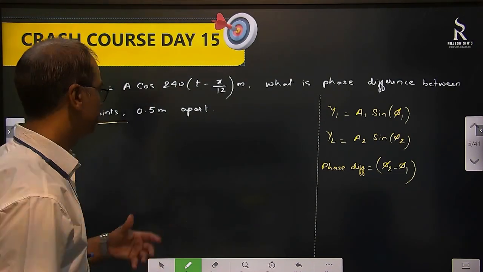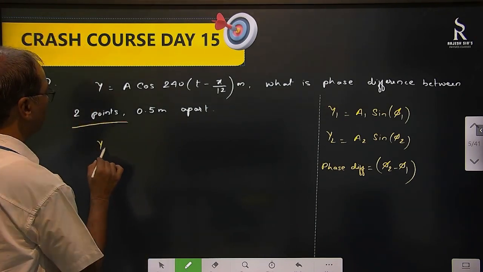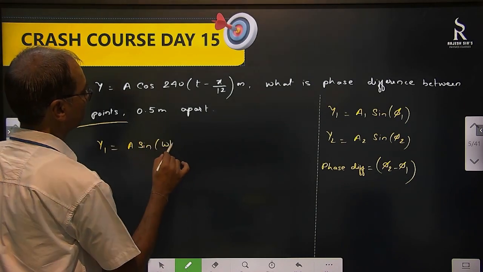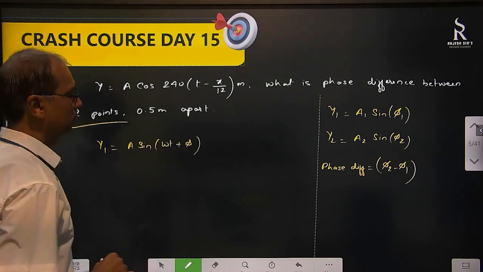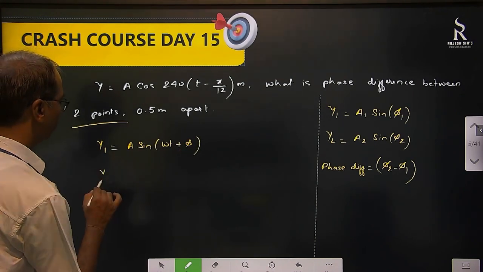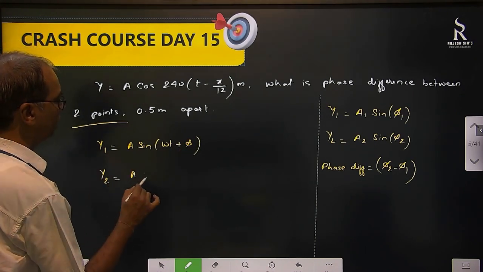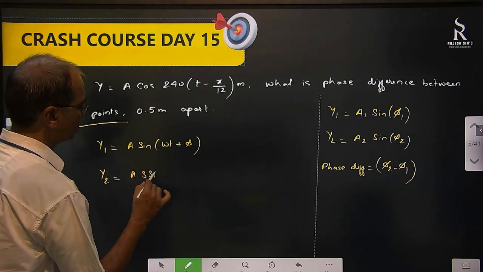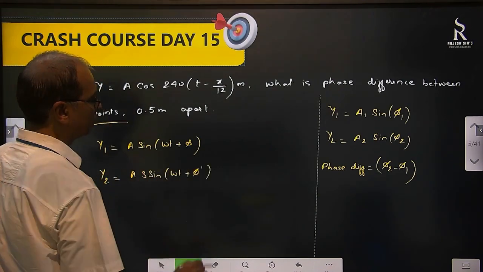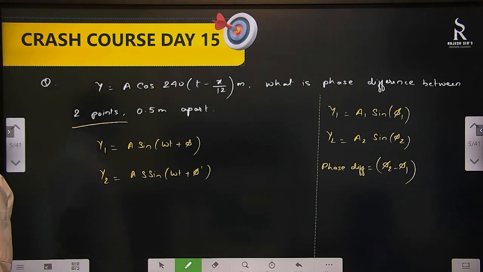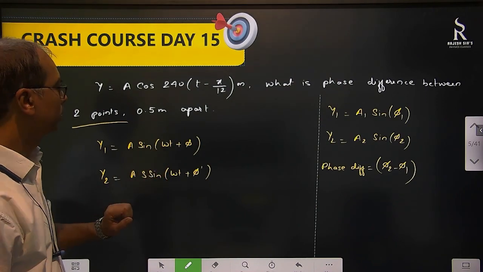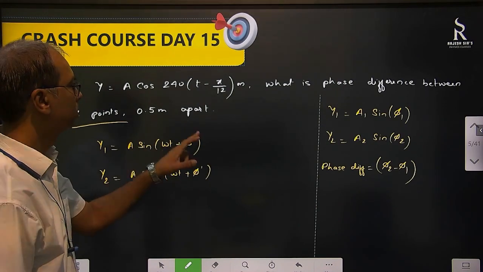Now what did we used to write? y1 equal to A sin(omega t plus phi). This is for SHM, and phi is the initial phase. In the same way, y2 equal to A sin(omega t plus something else). So two particles are there at the same time. Time is the same, but their phases are different.